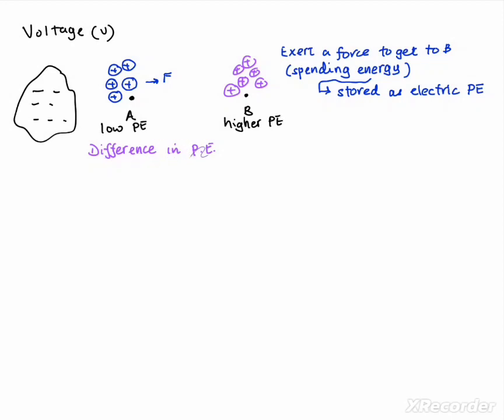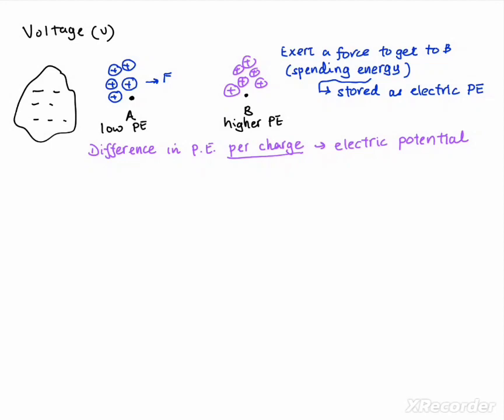So a difference in this potential energy per charge, because now we have 6 charges as we drew, is what we call electric or electrical potential. So this is energy per charge.